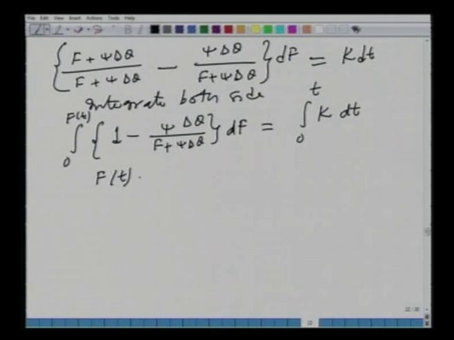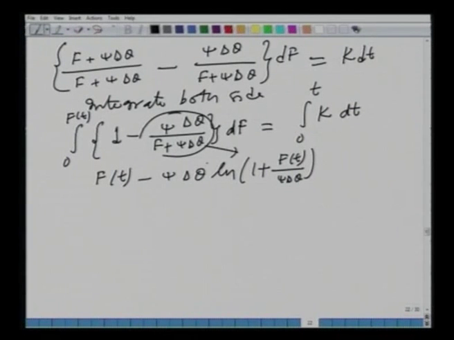It will be F(t) minus psi delta theta, and this is the natural log of 1 over x, which will be equal to 1 plus F(t) over psi delta theta. Okay. You integrate this quantity, and that is what you will get. And on the right hand side, K is constant, so it will be Kt minus K times 0, so it will be Kt.